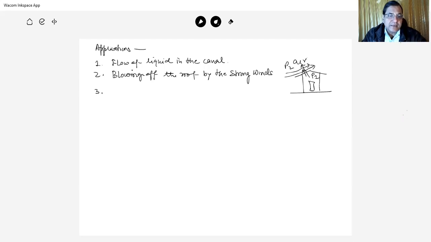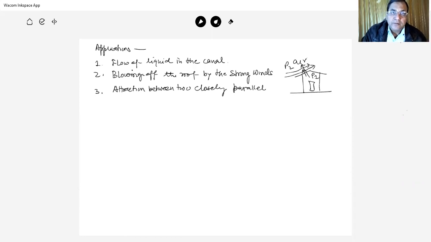And third is attraction between two closely parallel moving boats.